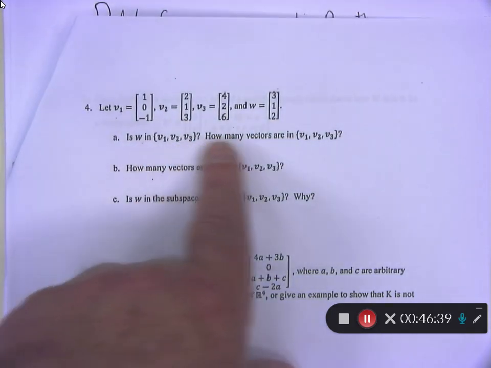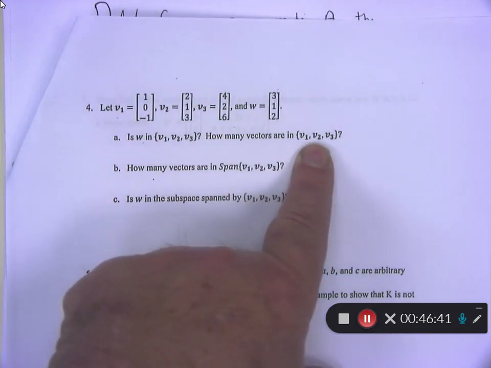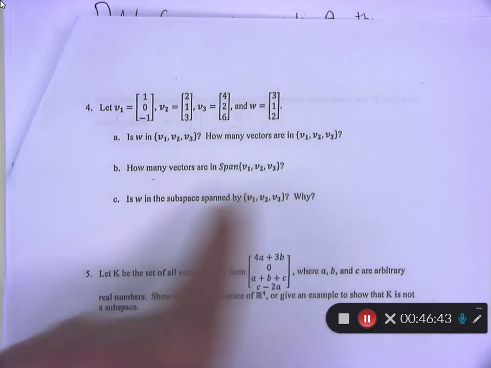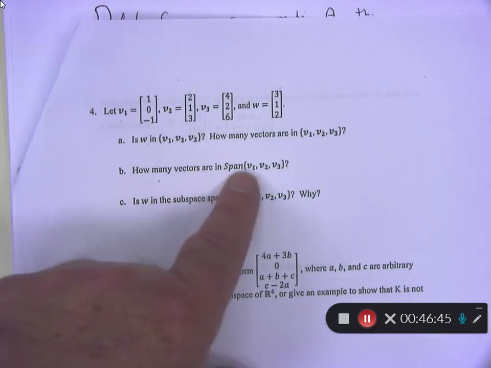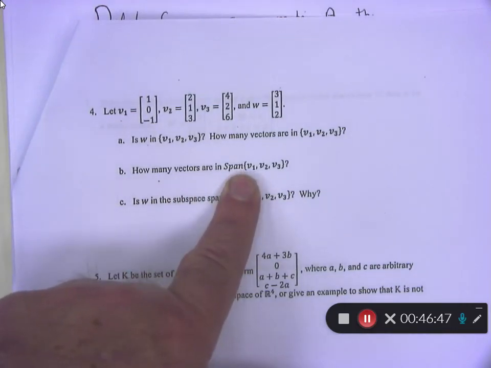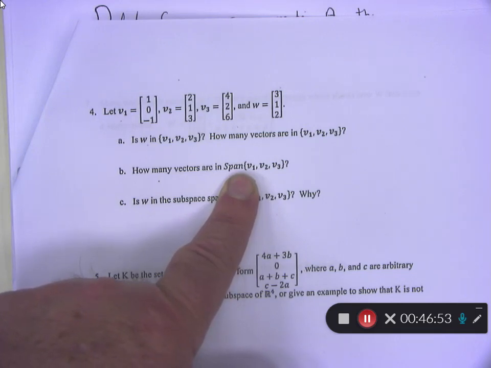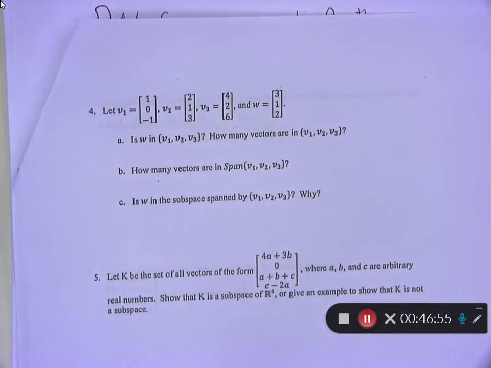Okay. How many vectors in the set? Again, there are 3 of them, V1, V2, V3. But how many vectors are in the span? That's throwing in that word span, understanding linear combinations. And when you do linear combinations of a set of vectors, there's always an infinite number of things. Why? Because it's a linear combination. You can multiply any constant times one of the vectors and add it to another.